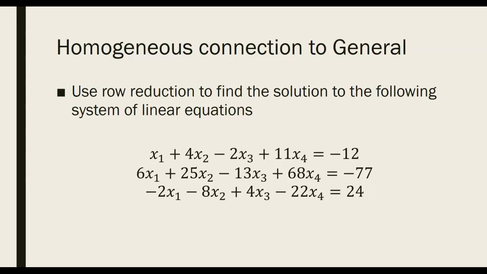So what I'd like you to do is take this system of linear equations, row reduce it using, obviously, the calculator, and find a general solution. Let's just find a general solution right now, and then we'll go into parametric form in a minute. So find a general solution to this system of linear equations. Push pause on the video.